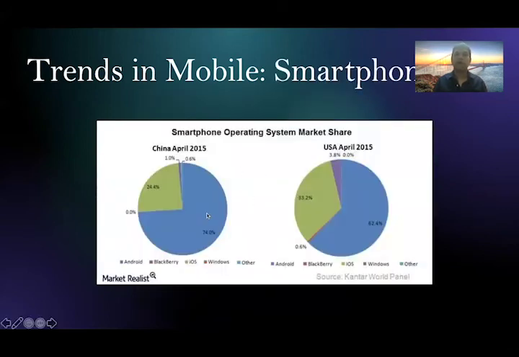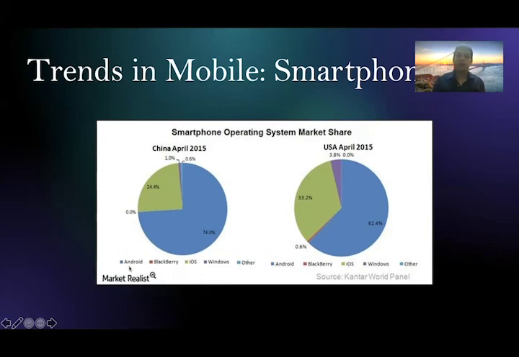And this is in terms of smartphone operating system market share. You can see that we look at the top countries for smartphones, of course China and also the US. This is the percentage based on mobile platform.